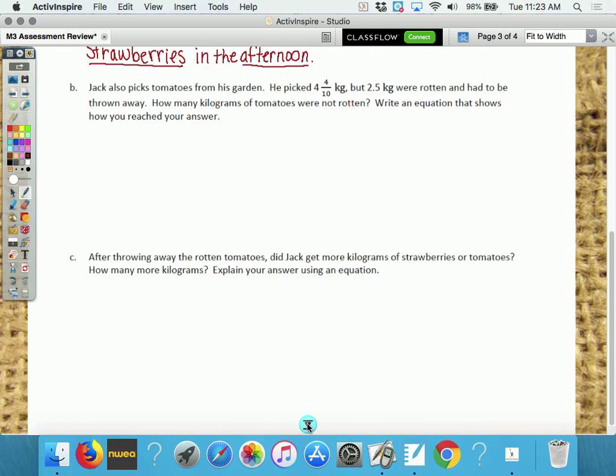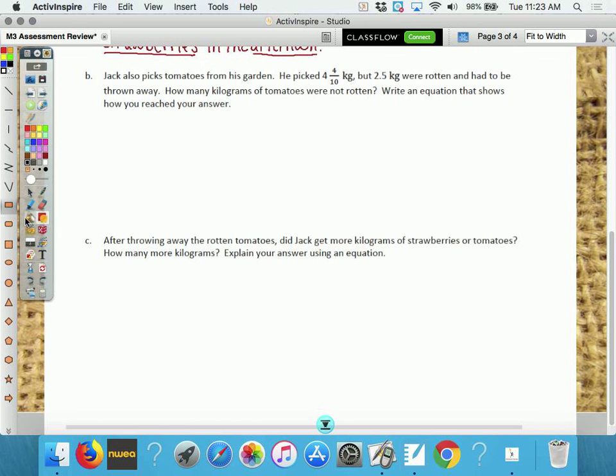Okay. It says, Jack also picks tomatoes from his garden. He picked 4 4/10 kilograms, but 2.5 kilograms were rotten and had to be thrown away. How many kilograms of tomatoes were not rotten? Write an equation that shows how you reached your answer. So do I have just one tape diagram on there?